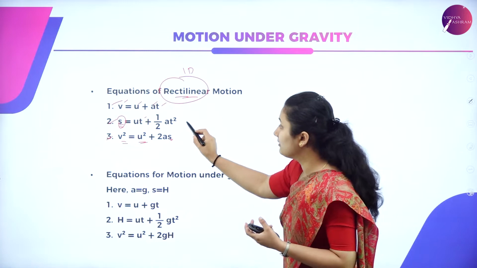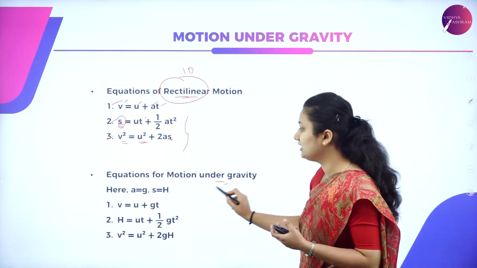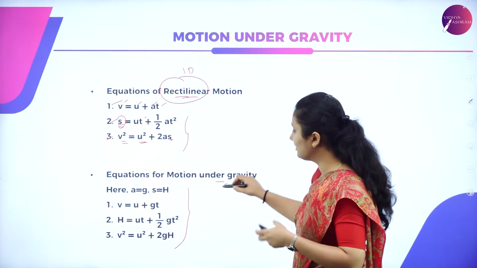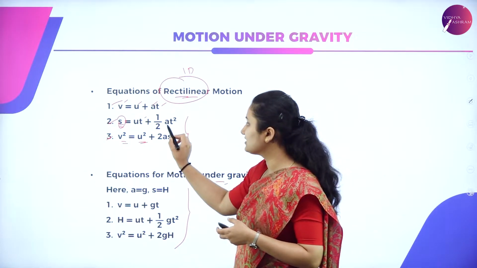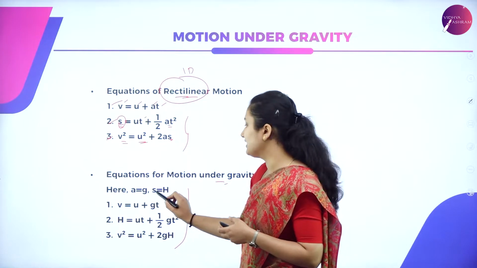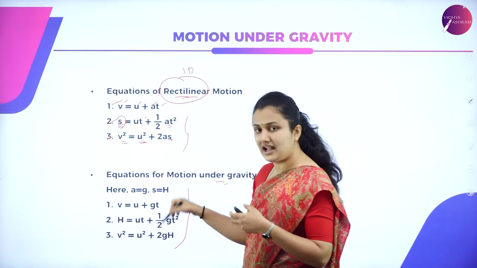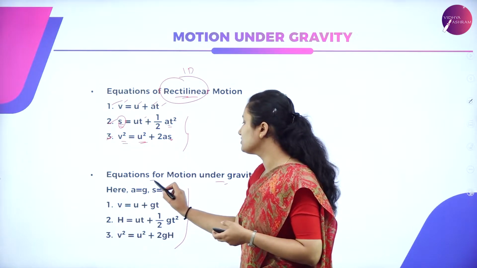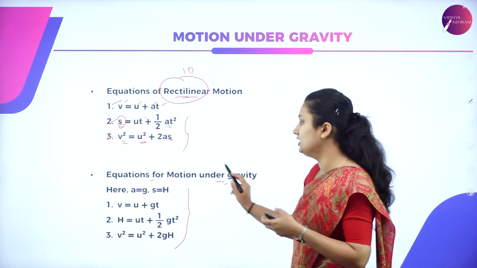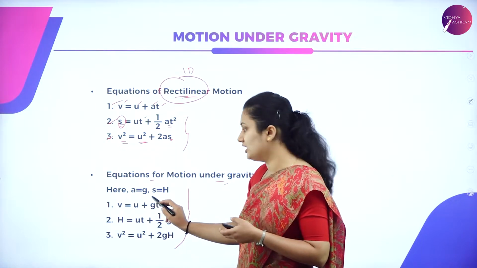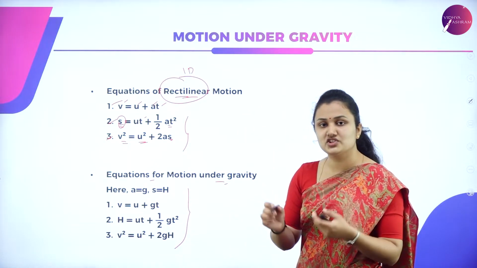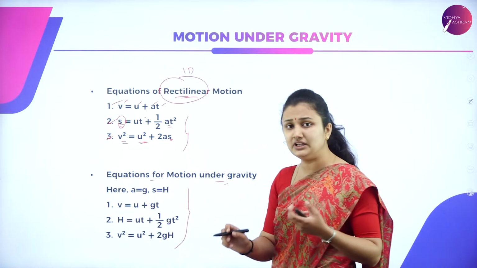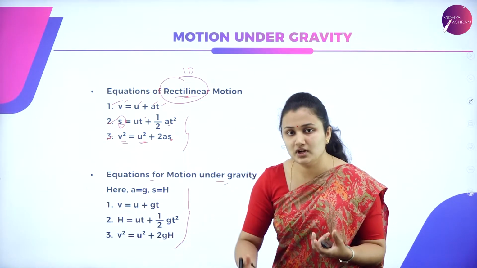The same equations of motion under gravity can be written as follows. What happens under gravity? A is replaced by g and S is replaced by height h. For a freely falling body, the acceleration is equal to g. We saw a is equal to plus g and a is equal to minus g. For a freely falling body, it is moving downward.